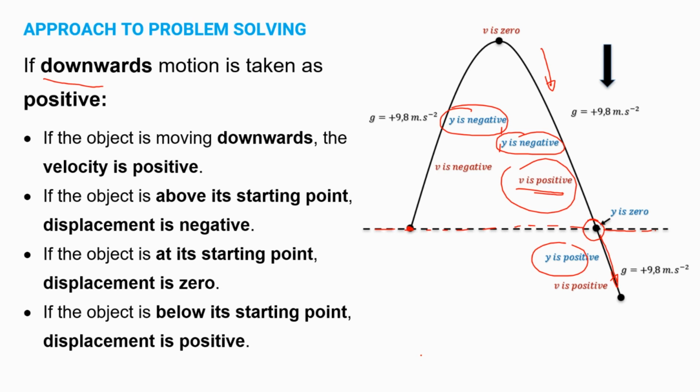When the projectile is moving up, velocity is negative. At the maximum height, velocity is 0. When the projectile is moving down, velocity is positive. Above the starting point, displacement is negative, and below the starting point, displacement is positive.